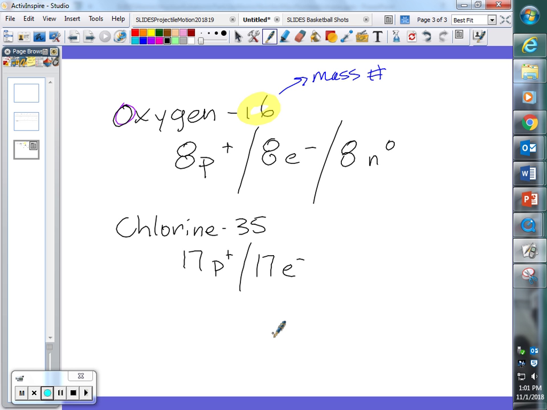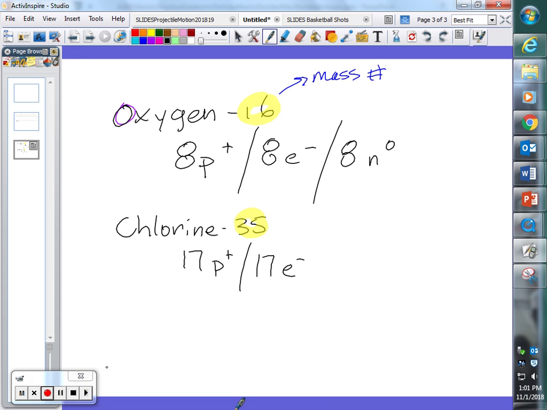All right. Now, this number is the mass number. Mass number is a total: protons plus neutrons. Of this 35, how many of them are protons? 17. So that means the rest have to be neutrons. So how many neutrons are there in this atom? 18.